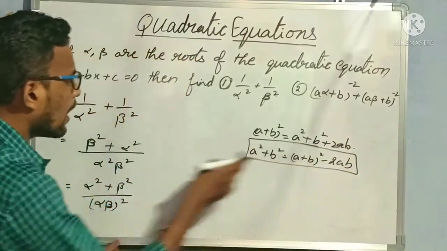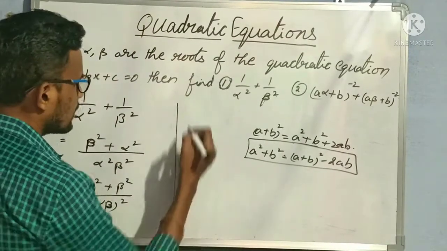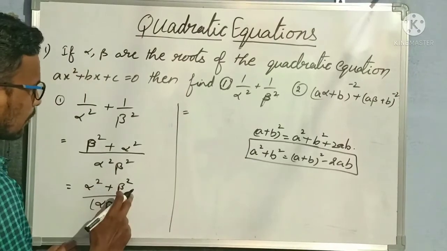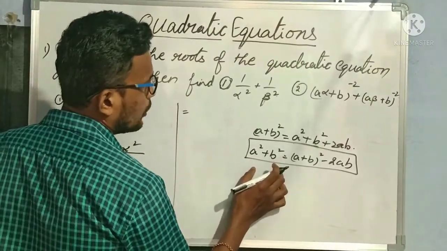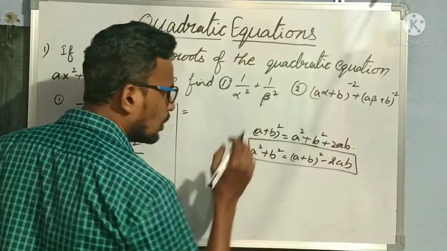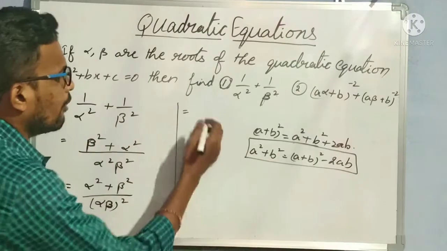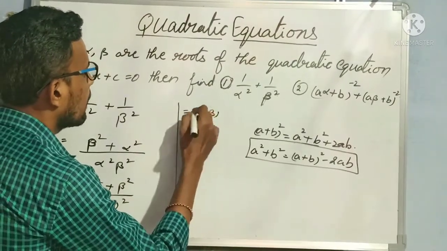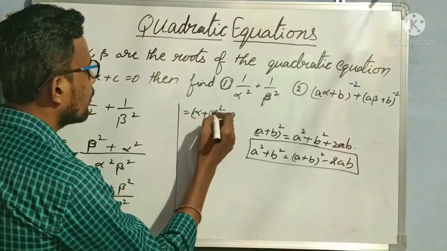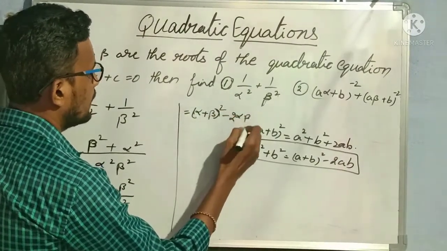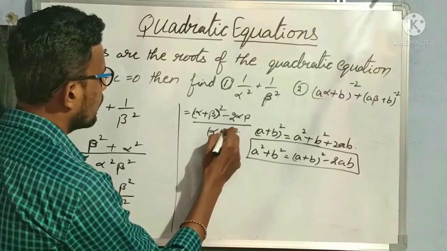So the same formula I am using here in place of alpha square plus beta square. In place of a square plus b square I should replace with (a plus b) whole square minus 2ab. In the same way, alpha square plus beta square, what should I replace? (Alpha plus beta) whole square minus 2 times alpha beta, by (alpha beta) whole square.